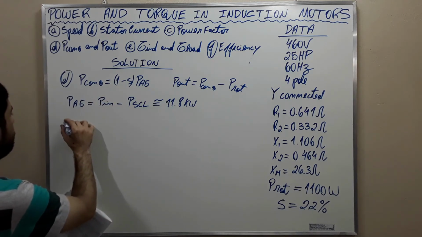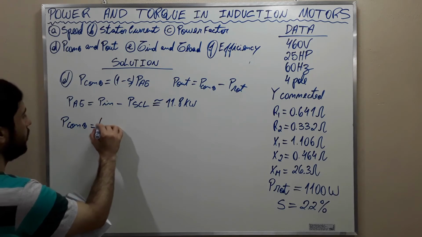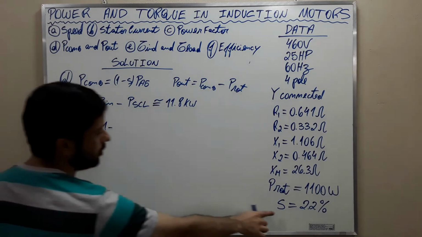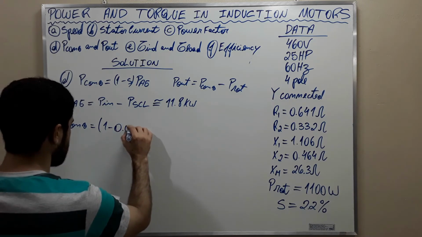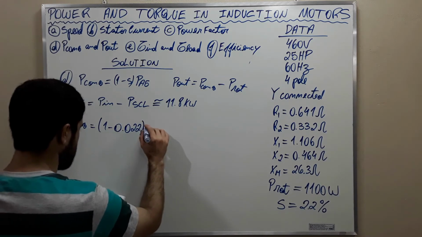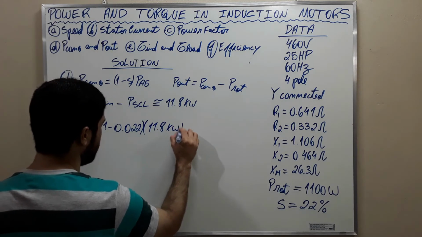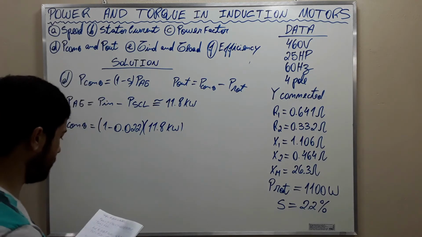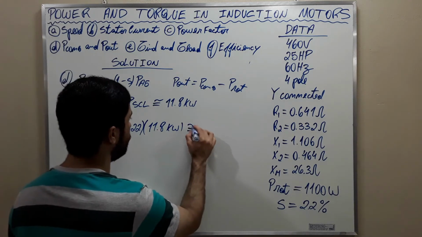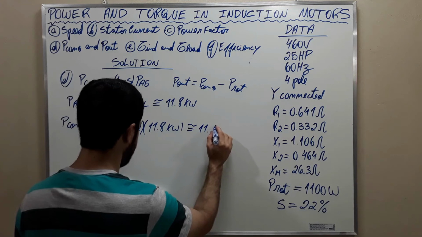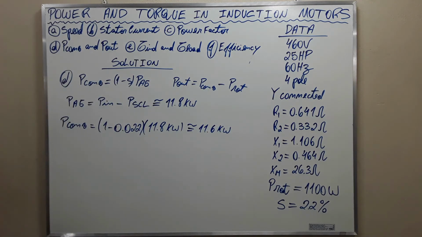Pconv is going to be equal to 1 minus the slip, 2.2%, times 11.8 kilowatts, and this is approximately equal to 11.6 kilowatts.